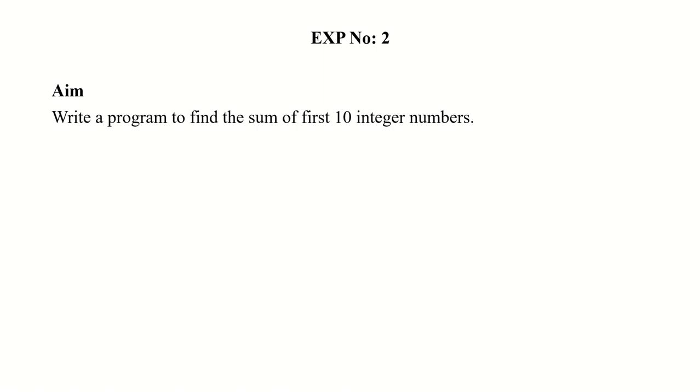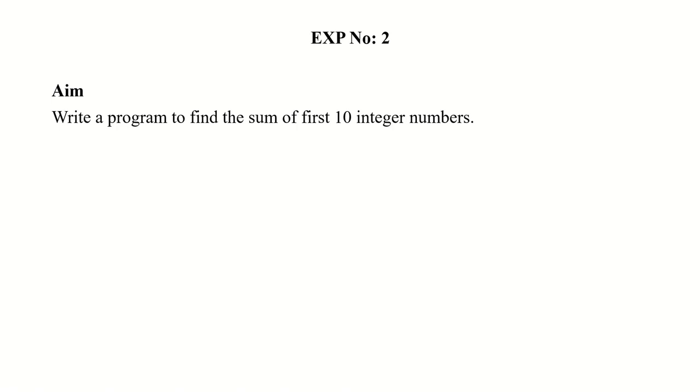Again decrease R2. But one thing: the previous answer, 19, we have to store back in R1. R1 now contains 19, R2 contains 9. Decrease R2 by 1, that is minus 1. Now R2 contains 8, R1 contains 19. So add this 8 in R2 to R1, that is 19 plus 8.